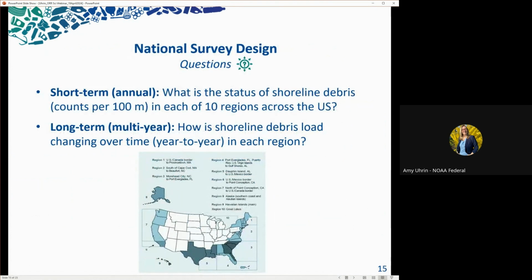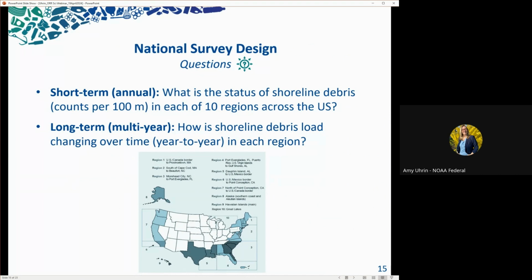So as we have already learned, hopefully, the most important thing to do is figure out what your question is. So we actually identified 2 questions that represented both short-term and long-term monitoring goals that we wanted to ask on a regional scale. You can see we've got the US divided into 10 regions in the figure at the bottom of the slide.